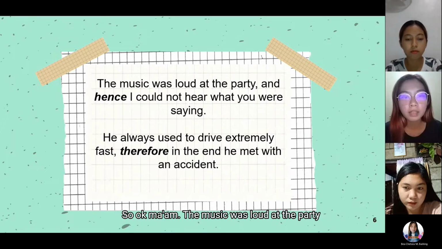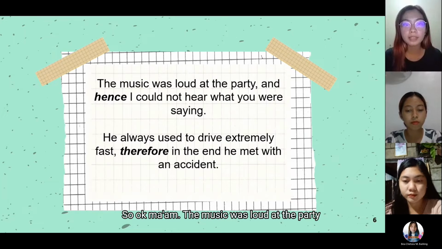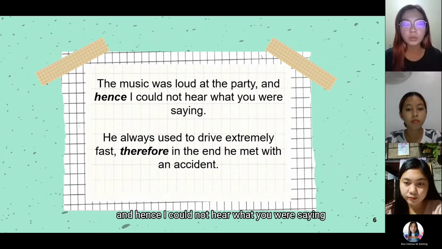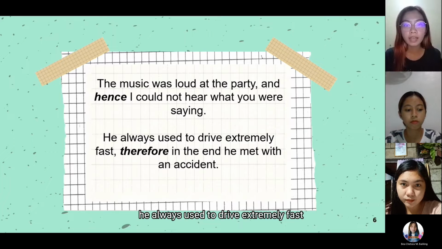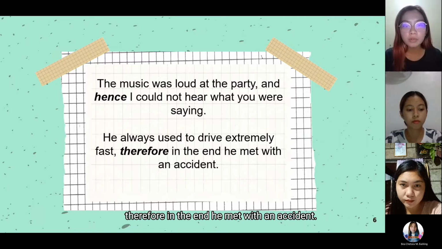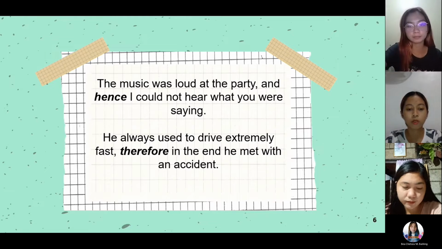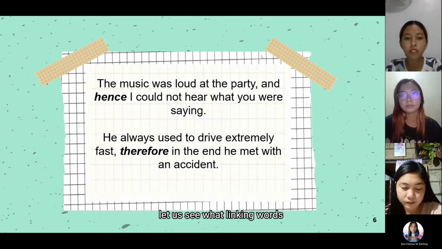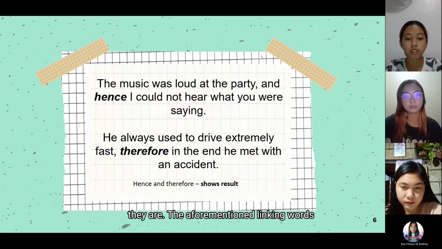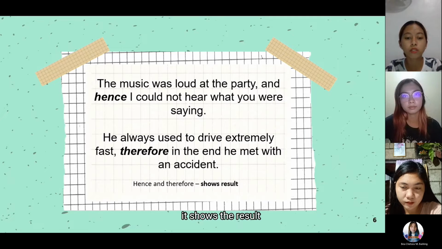Next, let us call Miss Baliling to read the examples I have here. The music was loud at the party, and hence I could not hear what you were saying. And the next one: he always used to drive extremely fast. Therefore, in the end, he met with an accident. Hence and therefore show the result.